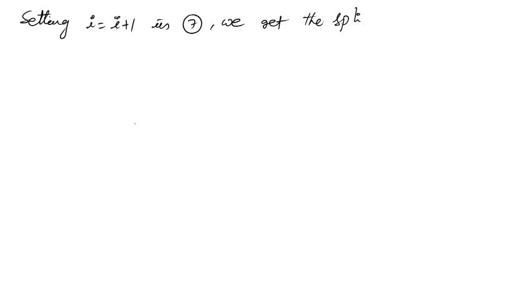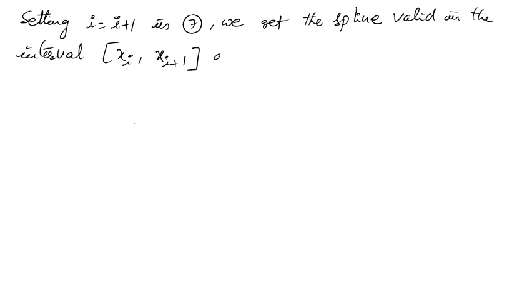Now to determine mi minus 1 and mi constants, setting i equal to i plus 1 in equation 7, we get the spline valid in the interval, which now becomes xi to xi plus 1 instead of xi minus 1 to xi, as in equation 7, just replace i by i plus 1.